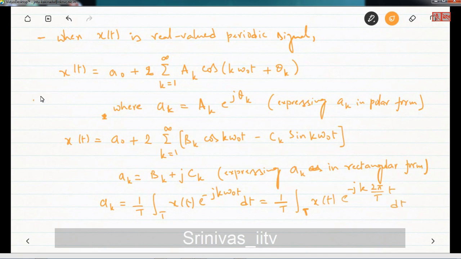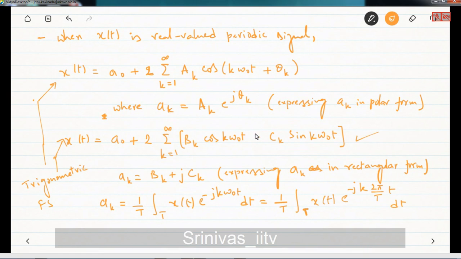So this form and this form, these two are called trigonometric Fourier series. So if you are asked to expand the signal using trigonometric Fourier series, then you should use preferably this formula or this formula. Generally people use this formula in trigonometric Fourier series, right?